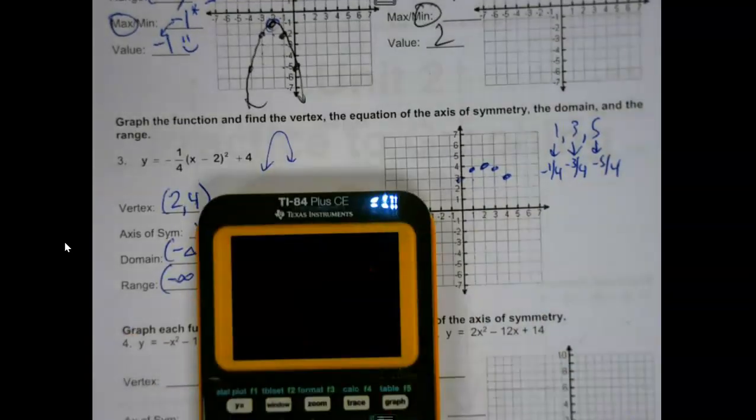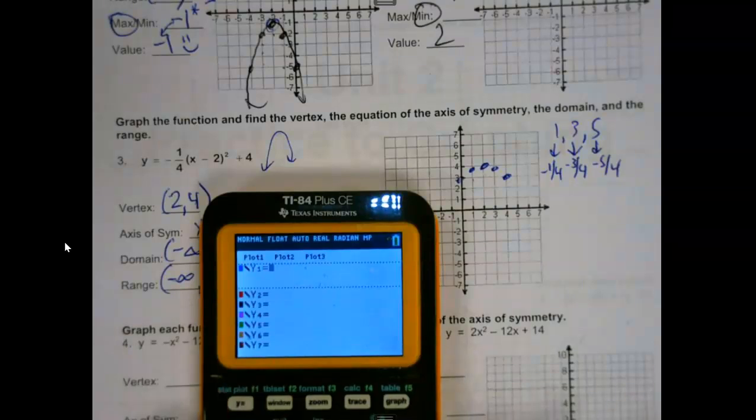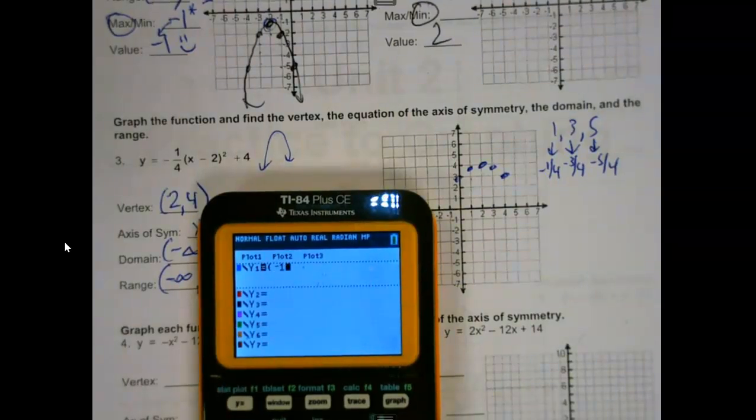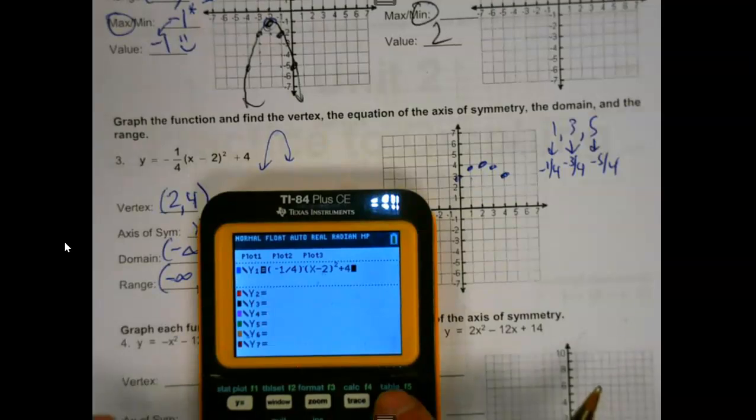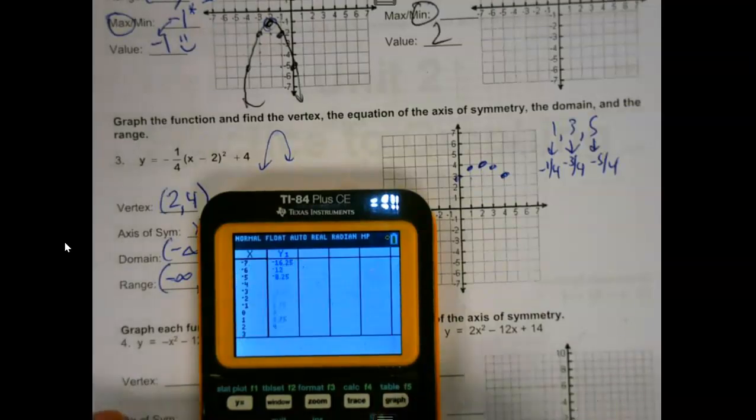If I don't like that, though, this is why I've been preaching over and over the need to be able to do this in multiple ways. Because now you can look, you've got a nice clean vertex at 2. Let me get centered up here.